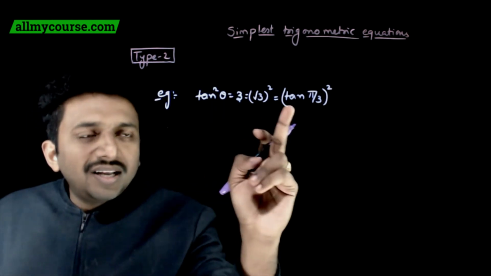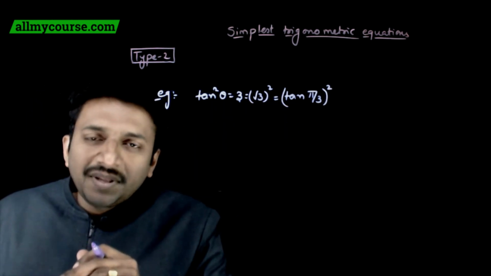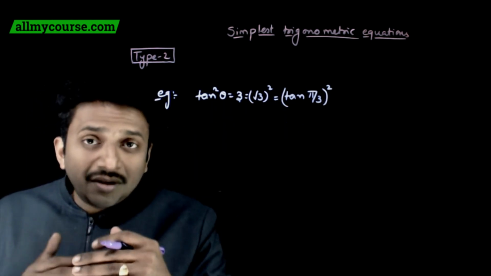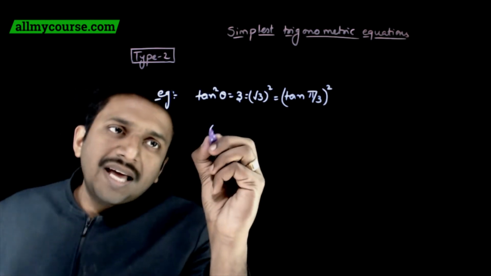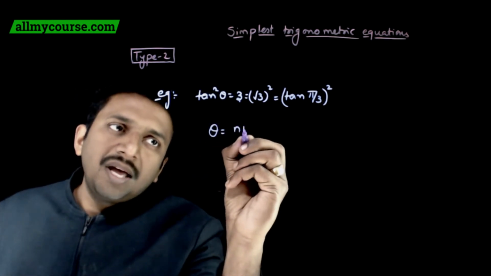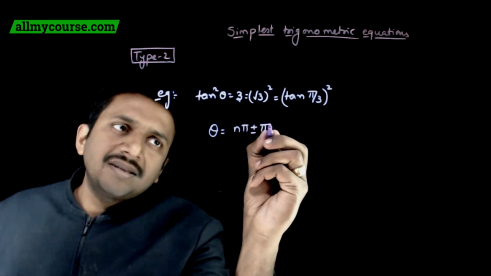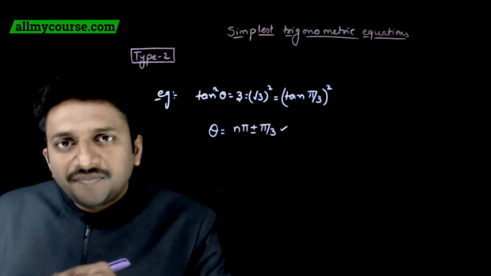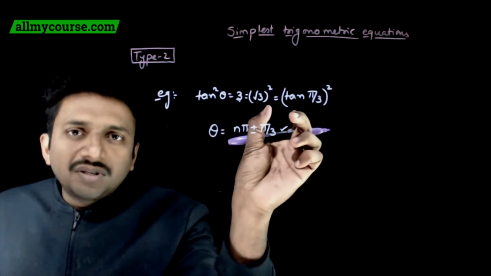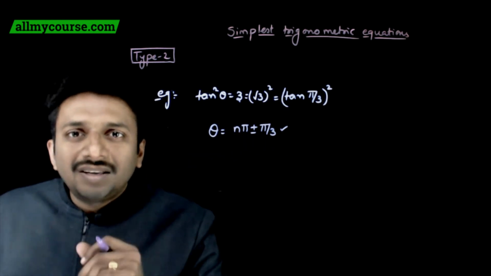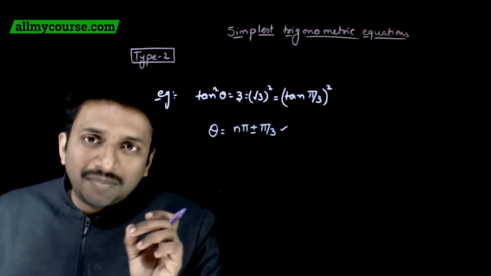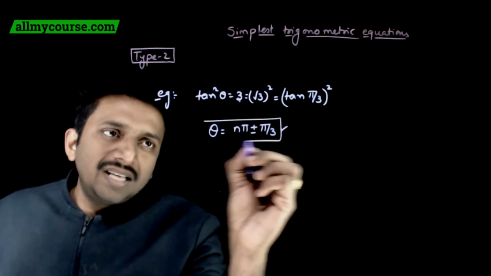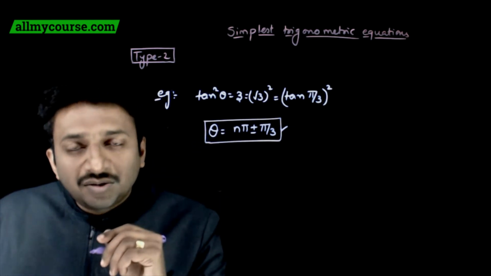So tan square theta is equal to tan square of pi by 3. And from now you don't need to do the derivation. So you can directly write theta is equal to n pi plus or minus pi by 3 as the answer. So every equation of this form has the solution of the same type. So theta is equal to n pi plus or minus pi by 3 is the solution.